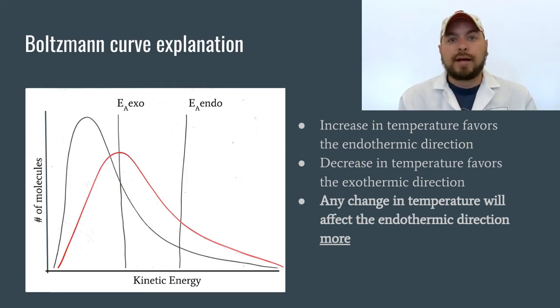Because of this, an increase in temperature is going to speed the endothermic direction up more than it speeds up the exothermic direction, and a decrease in temperature will slow down the endothermic direction more than it slows down the exothermic direction.